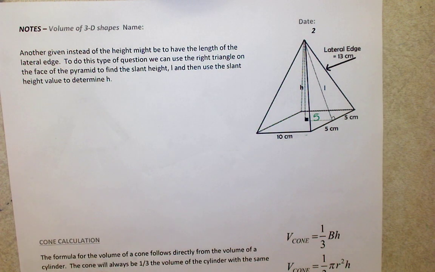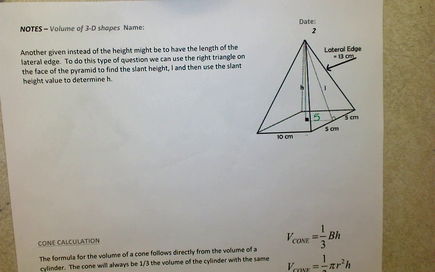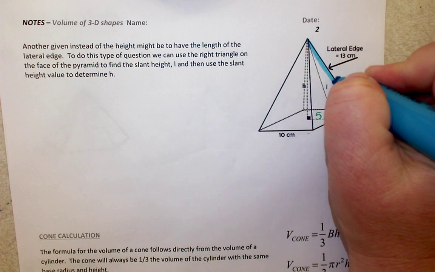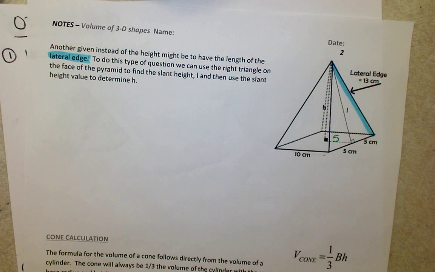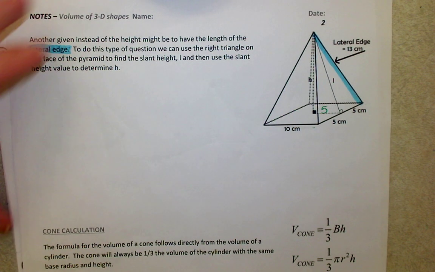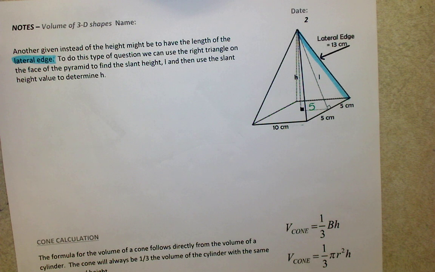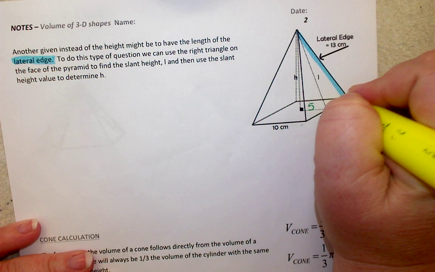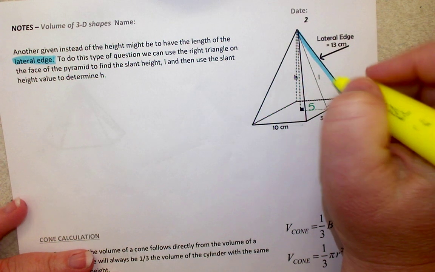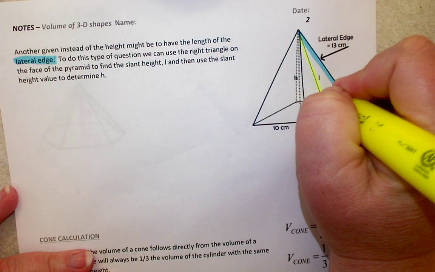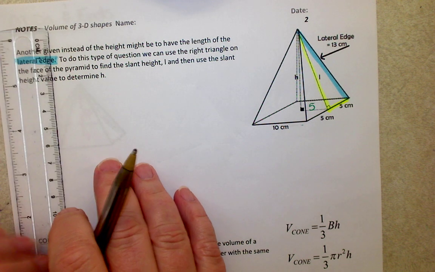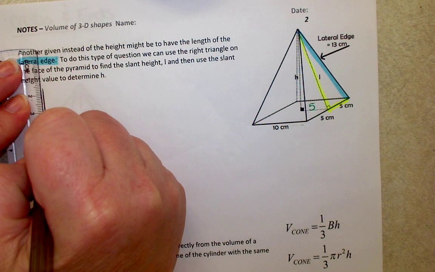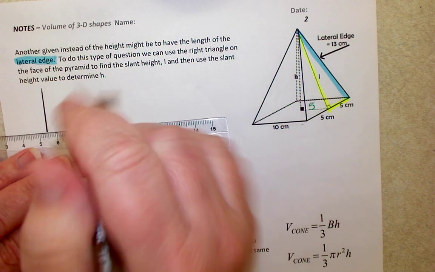What I do see is that they gave me the lateral edge. So I've got my lateral edge right here. I'm going to use that to find my slant height. Because I know the base, I know the lateral edge, I just need this piece right here. So let's redraw that one so that we can just focus on the triangle at hand instead of trying to look at it through the whole figure.